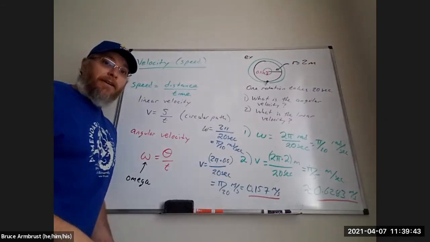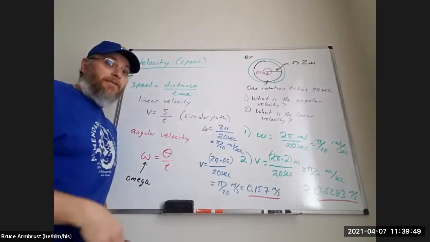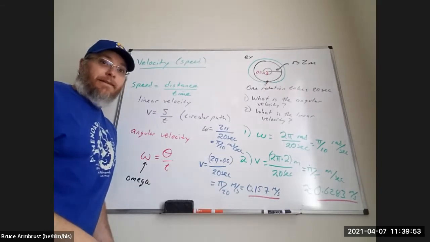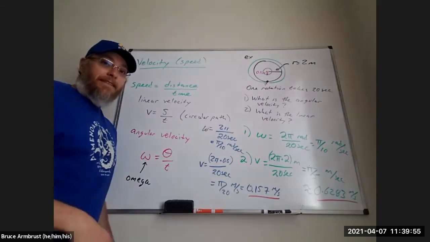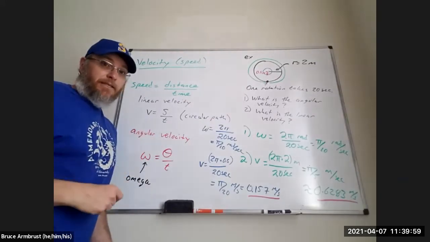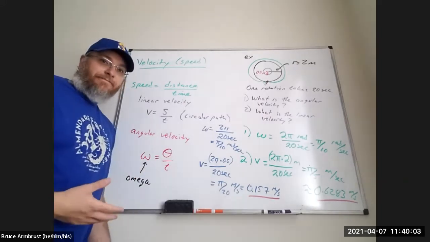People at the equator travel a much larger circle than people in Tahoe. People in Tahoe travel a much larger circle than people up in Alaska. So if you're up in Alaska, your linear velocity, due to the rotation of the Earth, is much smaller. But we all have the same angular velocity.